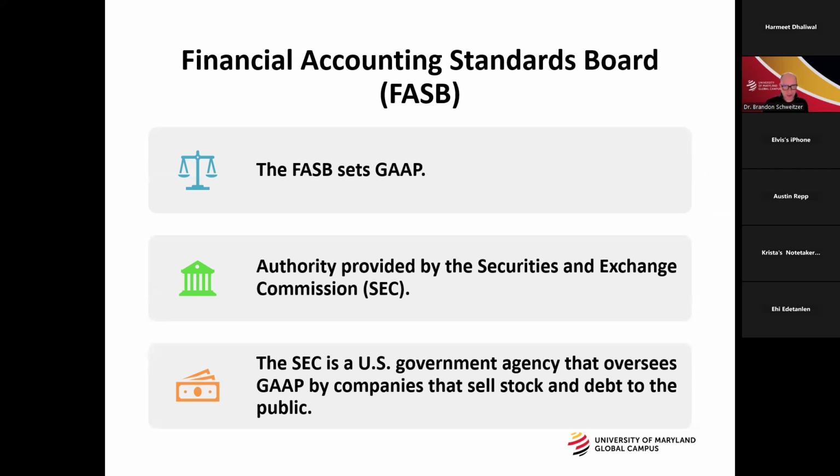All of this authority is provided by the Securities and Exchange Commission, or the SEC. By now you're familiar with what the SEC is and what they do, because that's how you got your information from your publicly traded company, by going to the SEC.gov website. The SEC is a government agency that oversees the proper use of generally accepted accounting principles by companies that sell stock and debt to the public.